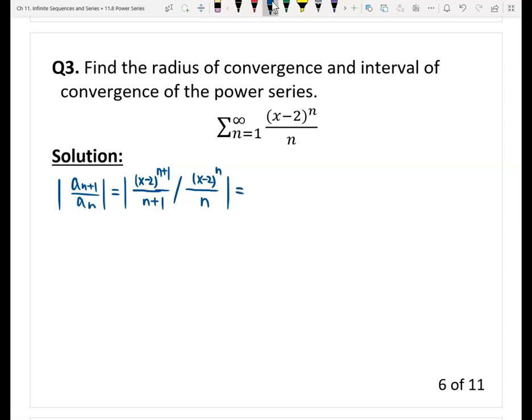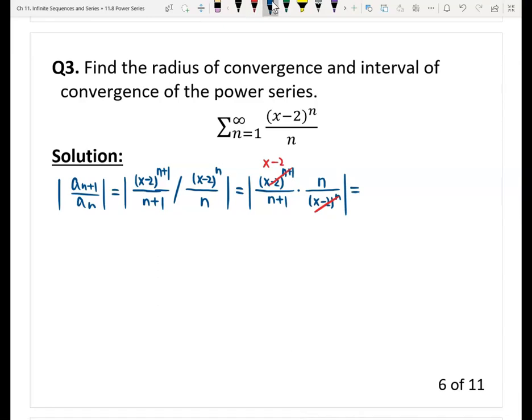This is a division, so I change it to multiplication: the top times the flip of the bottom. So n goes here, and (x minus 2) raised to the nth power. Now we simplify. Of course, the exponent left is 1, x minus 2 only.